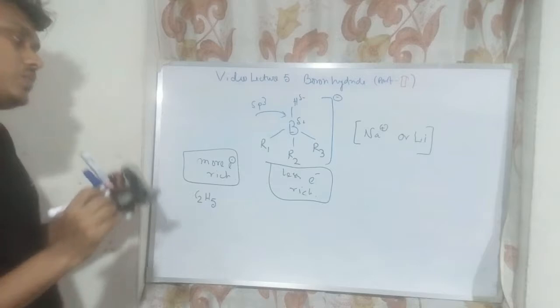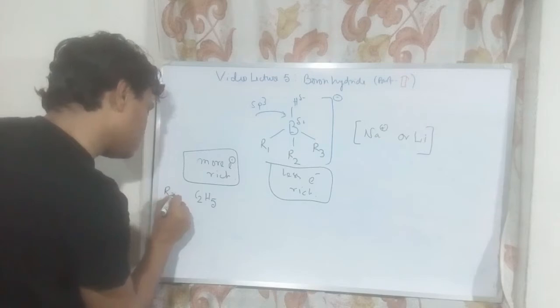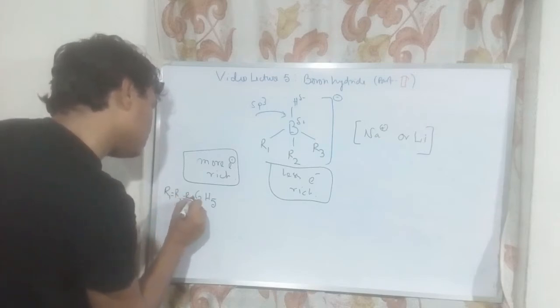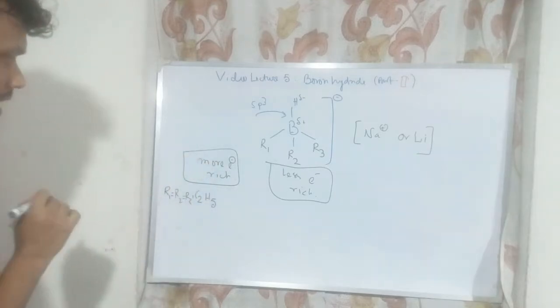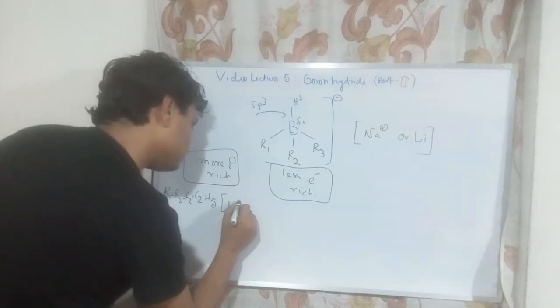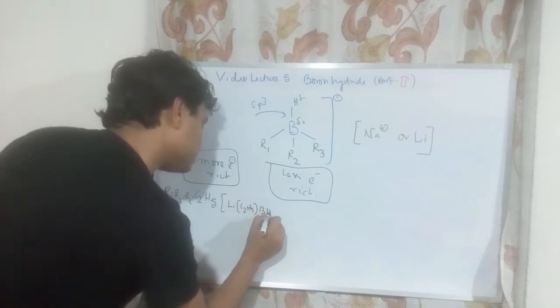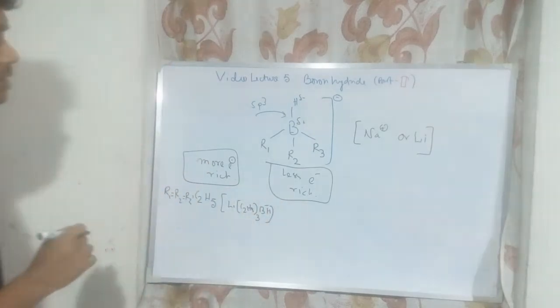Because already an established reagent is there containing ethyl group, where R1 equal to R2 equal to R3 equal to ethyl group, and the corresponding actual reagent is lithium (C2H5)3BH. This is the reagent.